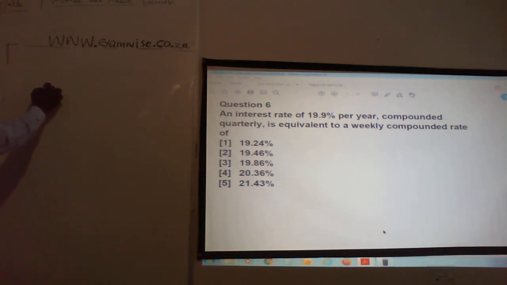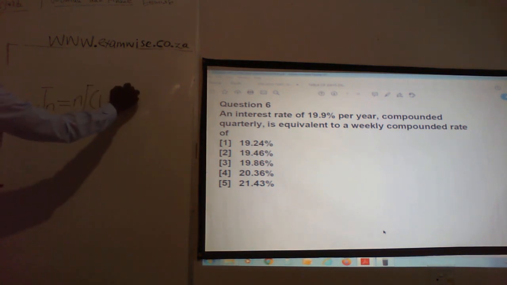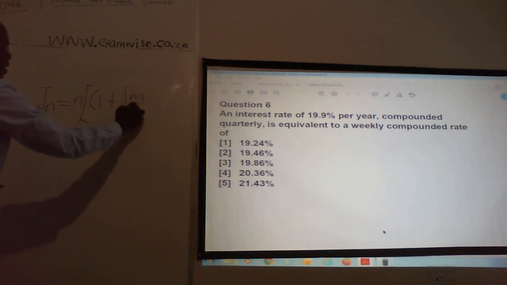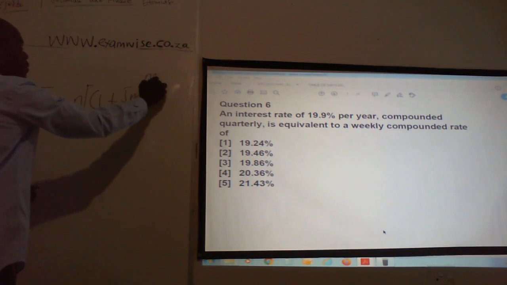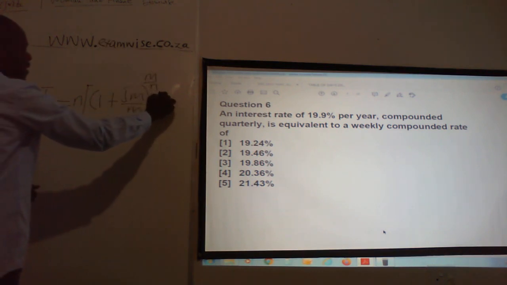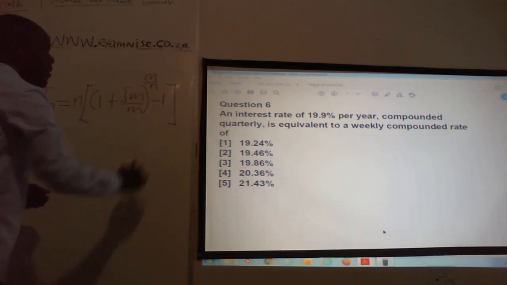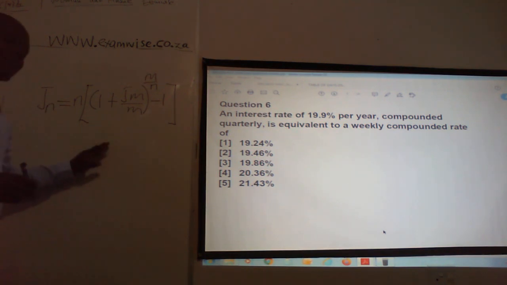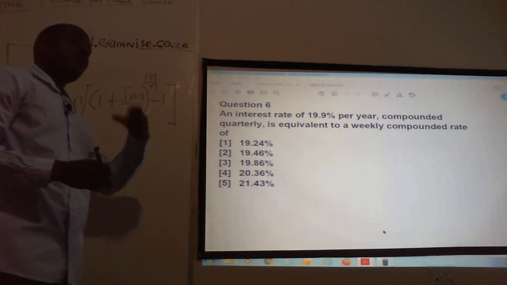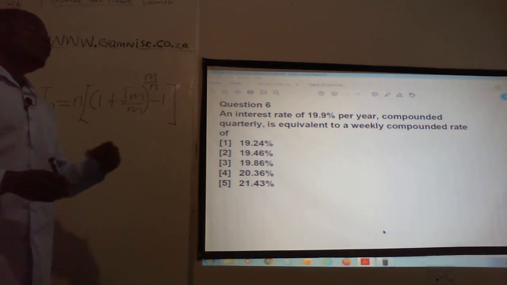We have Jn equals, open bracket, 1 plus Jm over m, close bracket, to the power m over n, then minus 1.